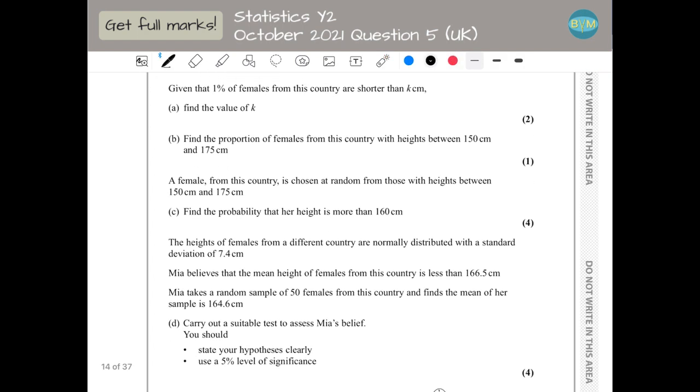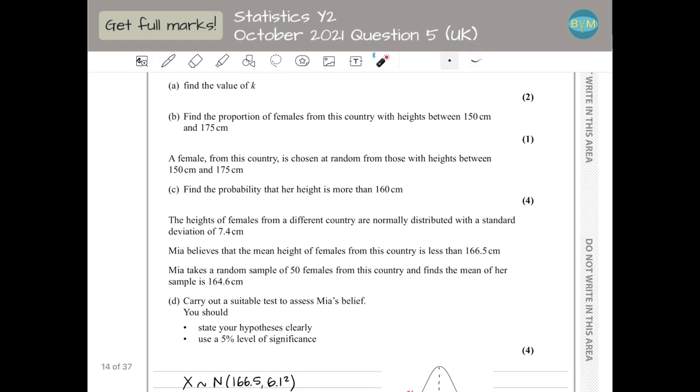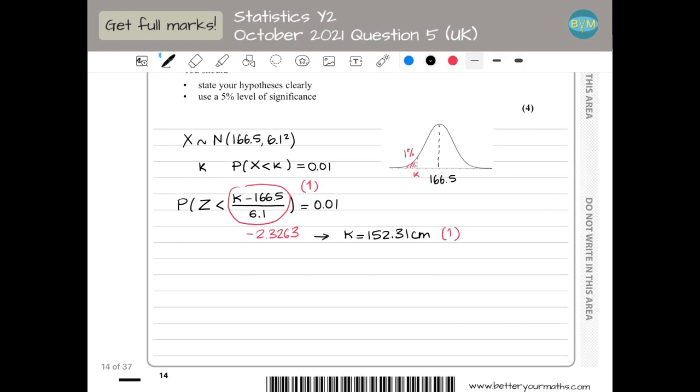So this is A. Then for B, they say find the proportion of females from this country with heights between 150 and 175. Just 1 mark, so it's quite simple. So for B, I need the probability of, because they're asking me a proportion. Proportion is just the probability between 150 and 175.